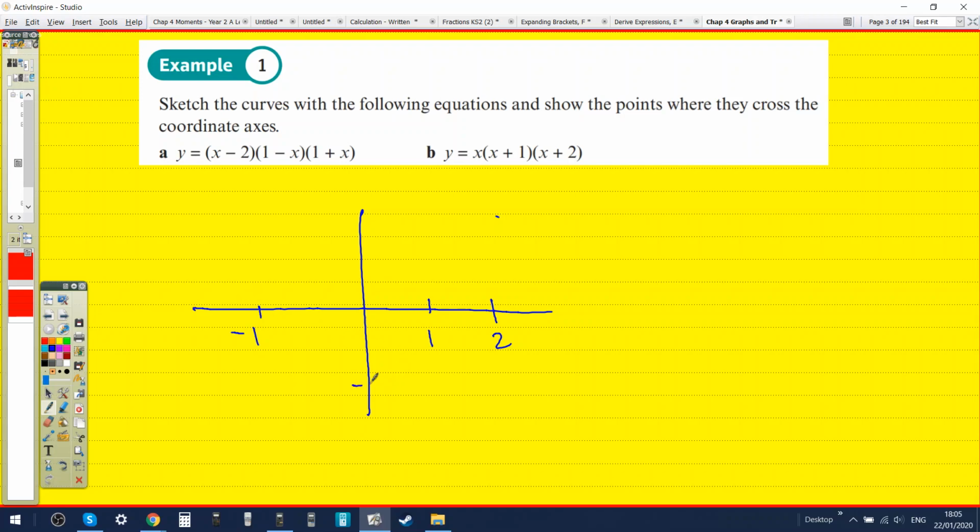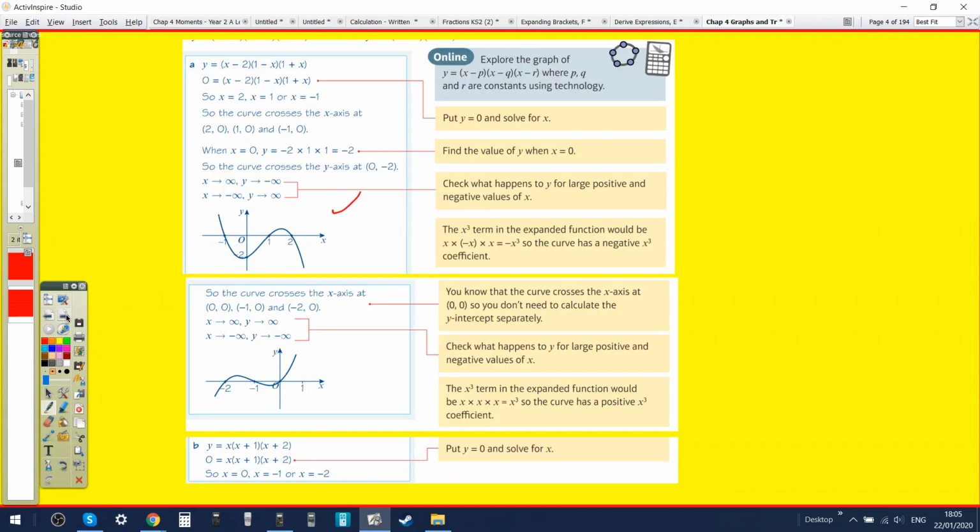Yep. -2. And then you would just join those up. Hold on, it goes the other way. This will make a negative quadratic. The only way I can do it without creating another root would be like that. Okay, I think you're good for that.